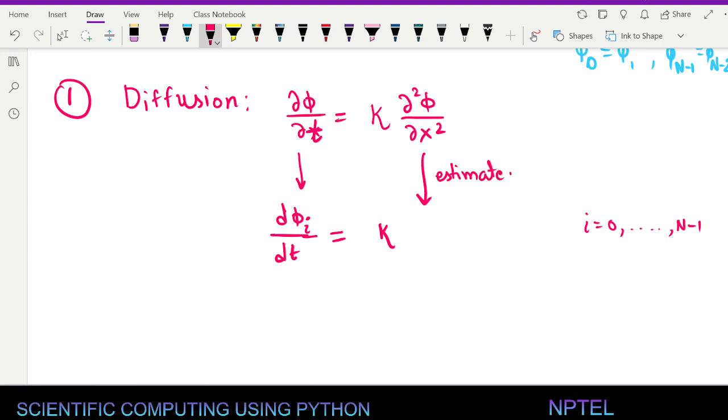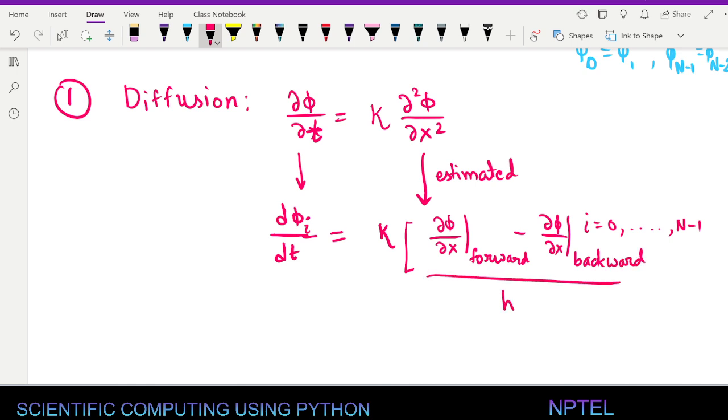And we have spent 1 week on estimating derivatives, right? So one method all of us have seen is the central difference scheme, which is that you first calculate the derivative forward, minus the derivative backward, and divide by h.